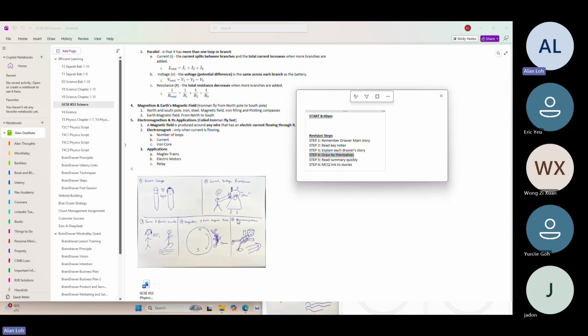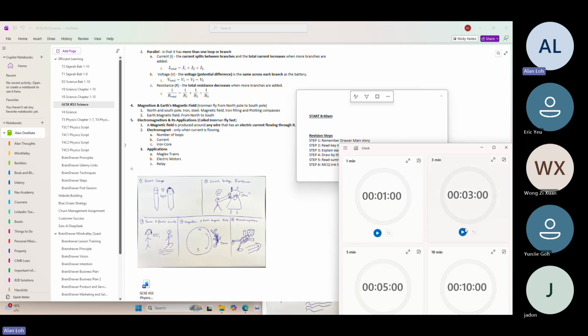This is to help you to reinforce yourself on the story. Okay, I'll leave it to you. I'll give you 3 minutes to draw. Okay, let's stop first. I'll not give you 3 minutes yet. I'll start the timer later.